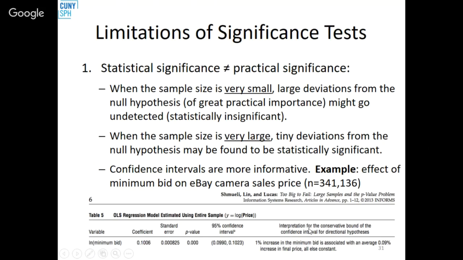The null hypothesis is rejected, but put into the language of this particular study, a 1% increase in the minimum bid is associated with an average of 0.09% increase in the final price. So whether or not that is important is a separate question from whether it is statistically significant. It's clearly not a big difference.